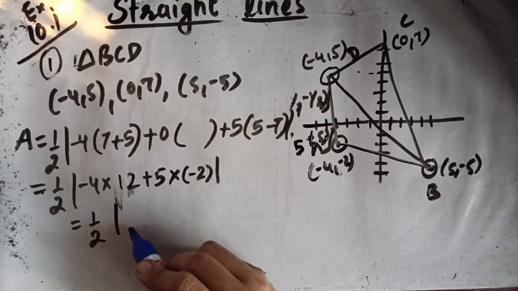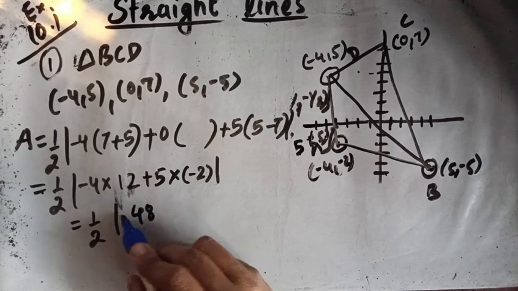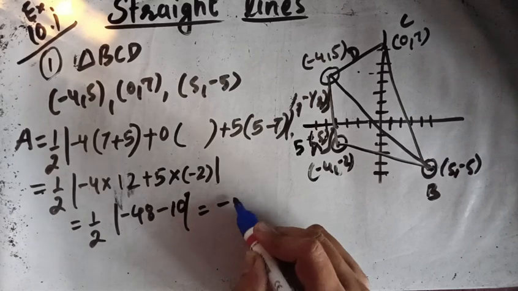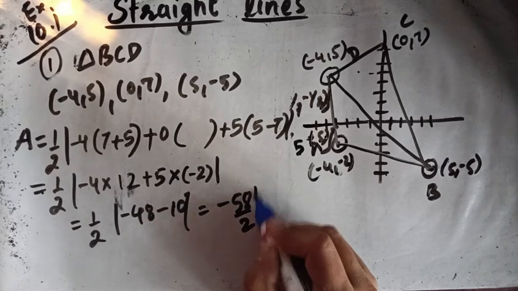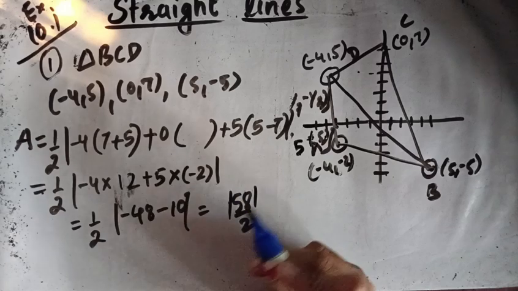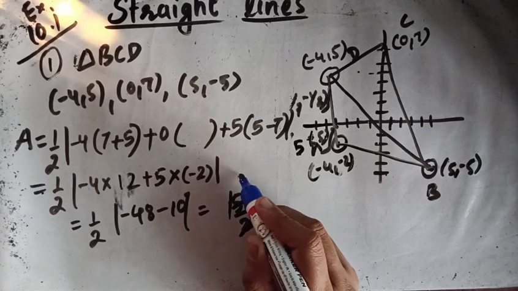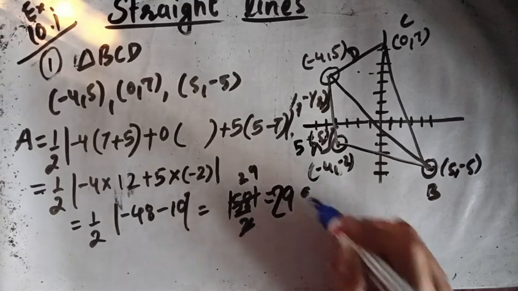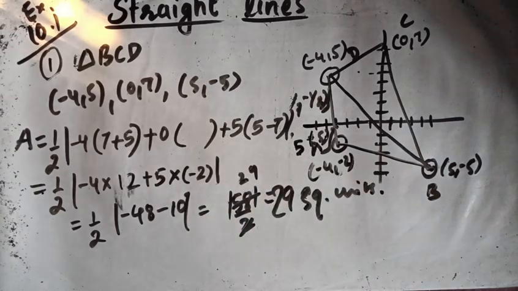So this is minus 48 minus 10, so minus 58 by 2. So 29 square units. Okay.